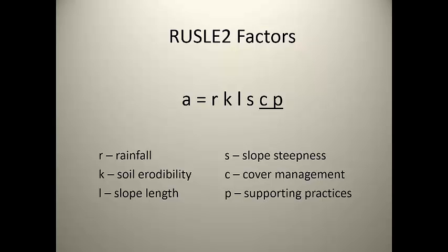Also the slope length, slope steepness, and what else is important is the crop management factor, the C factor. With RUSLE2 now, quite often we don't focus on the C, or cover management factor, which deals with the residue, the crop being grown, yield, and so on. And then we have the supporting practices.